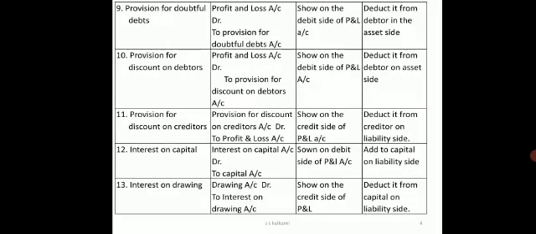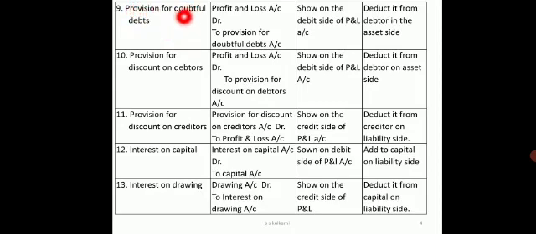Now coming to provision for doubtful debts. Provision for doubtful debts is also a charge on the profit. When we know a loss is going to occur, whenever known losses are being provided or charged to the profit and loss account, it becomes a provision. So all provisions are amounts set aside to make good a known loss.